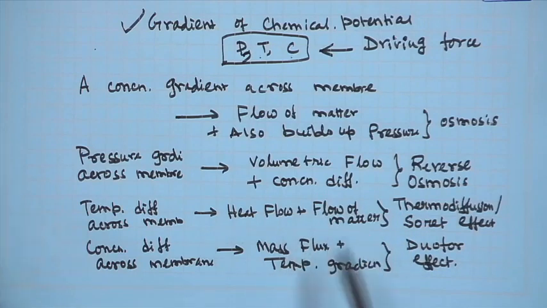In other words, if we have a temperature difference across the membrane and no pressure difference, there can still be flow of matter or separation from the feed side to the permeate side. So, this has been understood.